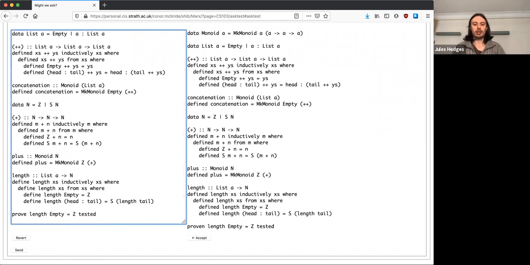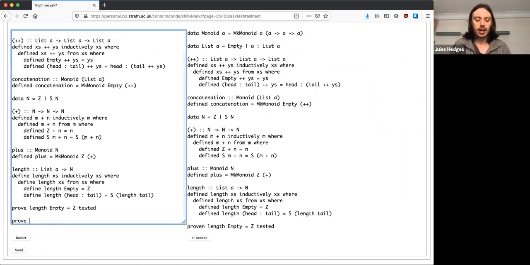The other equation says that if I take any two lists and I join them together using the monoid operation in lists, which is list concatenation, and then I take the length of it, that should be the same as taking the length of my two lists individually and then joining them together with the monoid operation on the other side, which is plus.